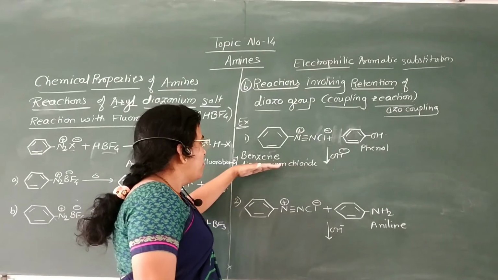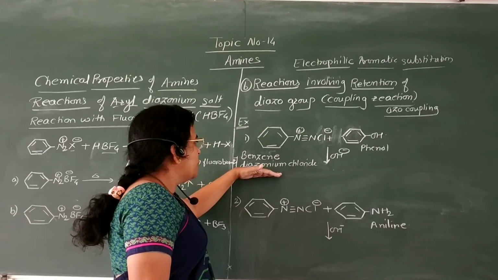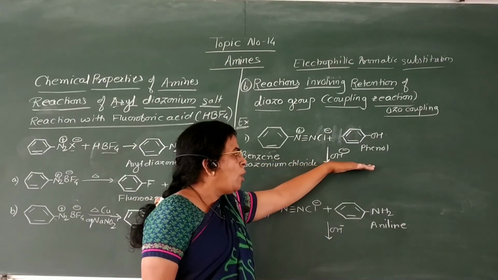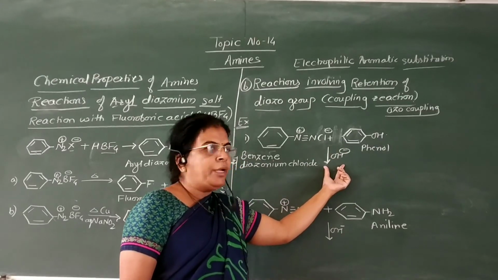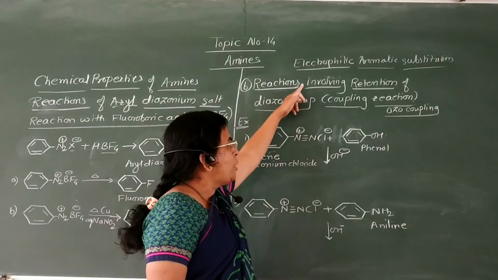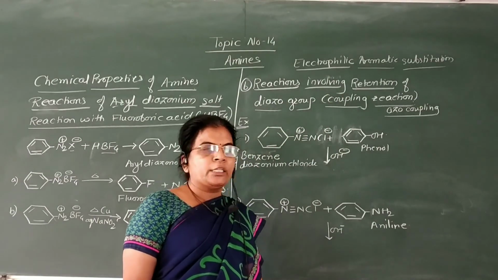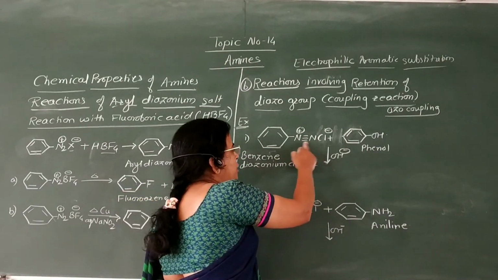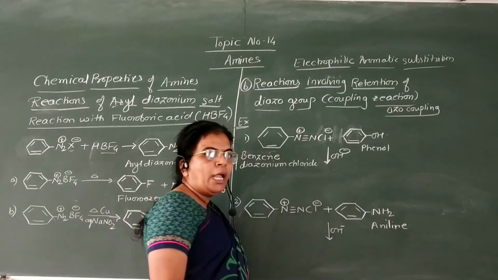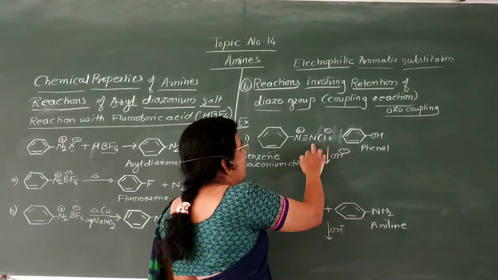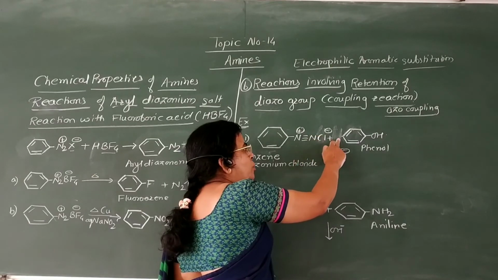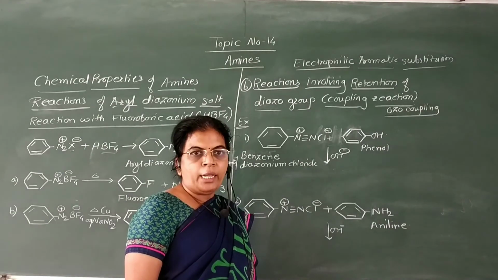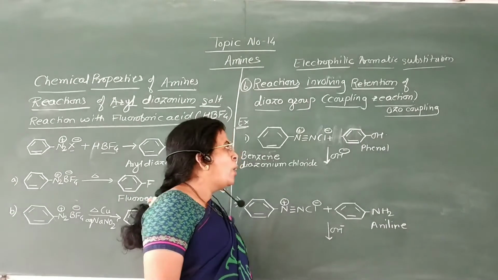Now here, first example, when this benzene diazonium chloride is treated with phenol in presence of alkaline medium, then it undergoes electrophilic aromatic substitution reaction. In this reaction N2 plus acts as an electrophile, and this substitution takes place at para position of the aromatic compound, either phenol or aniline.